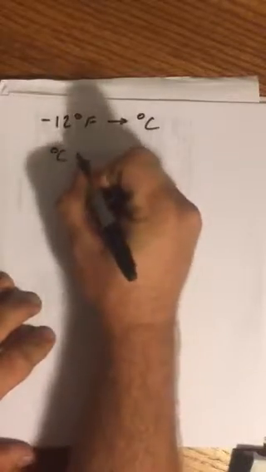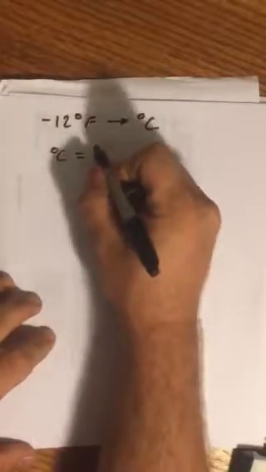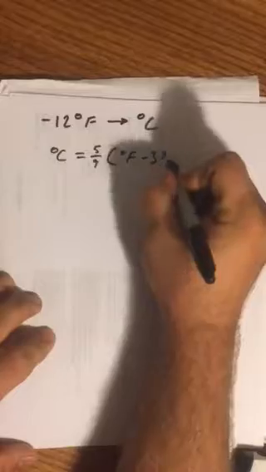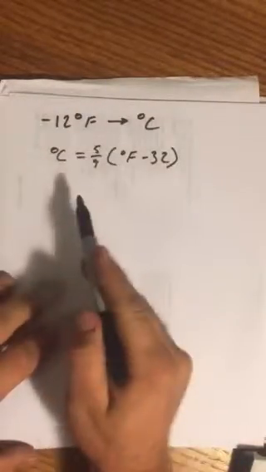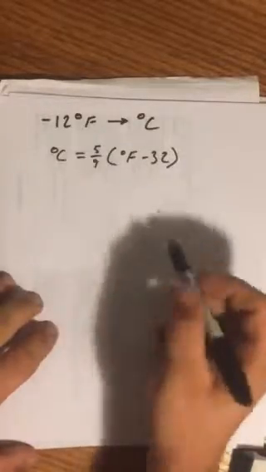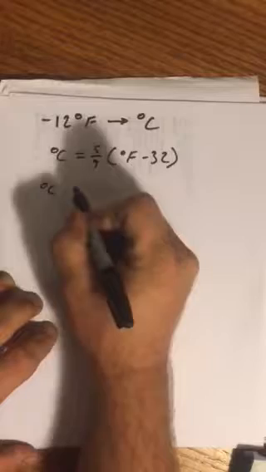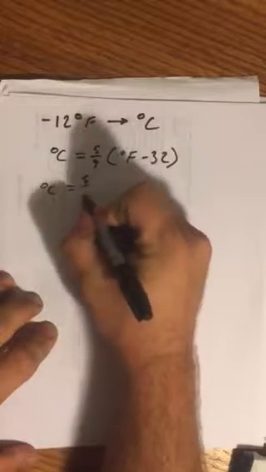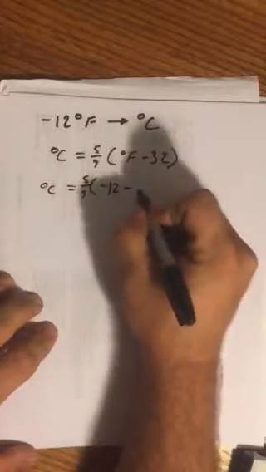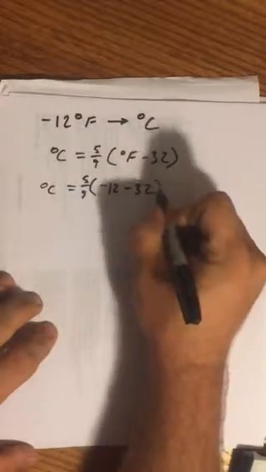We have degrees Celsius is equal to 5/9 times quantity degrees Fahrenheit minus 32. So we're going to need to remember our order of operations when we're working with an equation like this. So we're just going to plug this in. So we have degrees Celsius is equal to 5/9 times -12 minus 32.